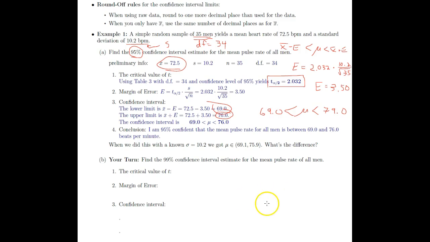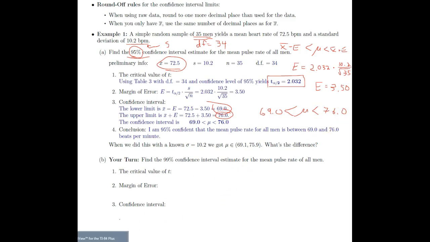We are 95% confident, because that's the confidence level we're working at, that the true population mean pulse rate for all men is between 69.0 and 76.0. Okay, cool.